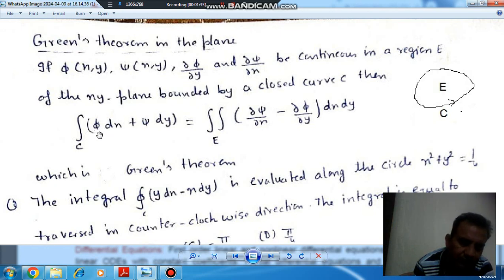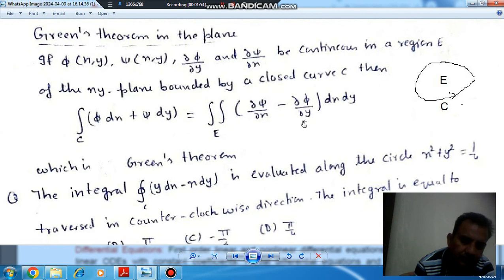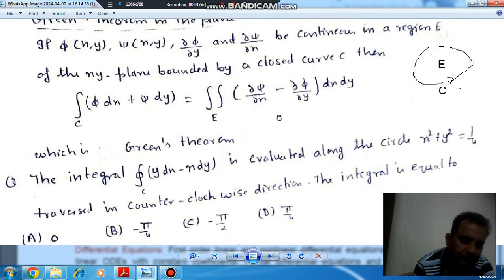Suppose we have the line integral of phi dx plus psi dy. Then it can be changed to the surface integral of (∂psi/∂x minus ∂phi/∂y) dx dy. This is called Green's theorem.